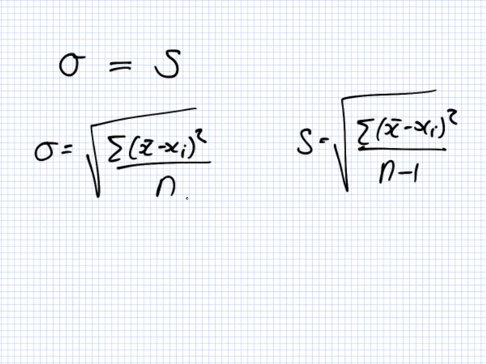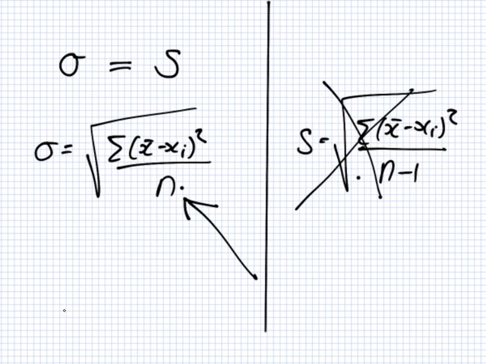Now the syllabus actually says students should only use this one, not this one. If you go on to university and do something like this, I doubt your university lecturer would allow you to use this one only and not this one. There's actually a different situation for each. The difference is you use this one when you have everybody.